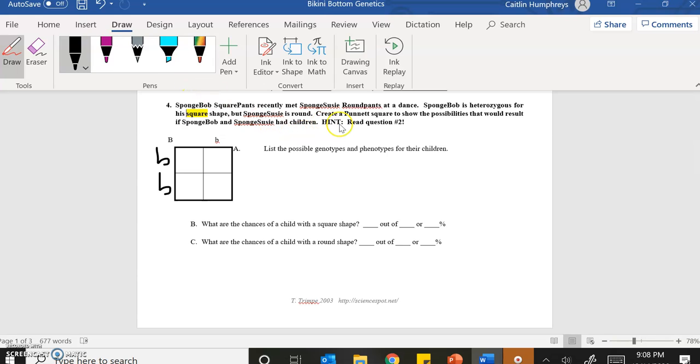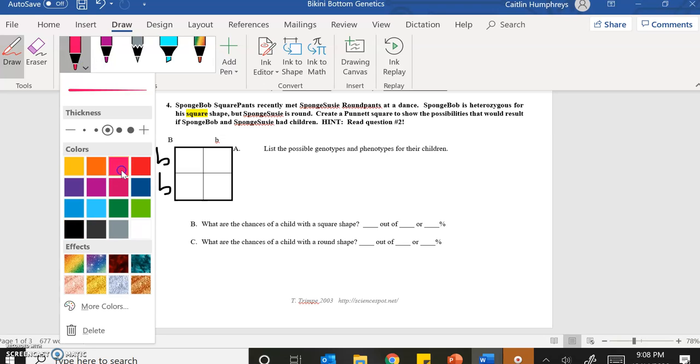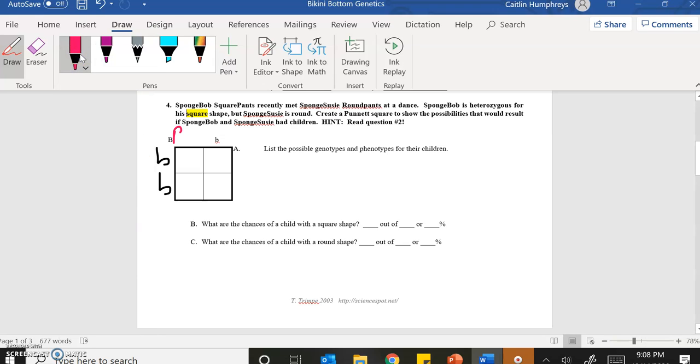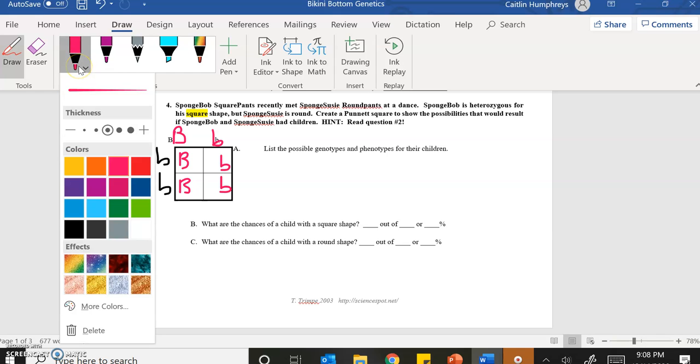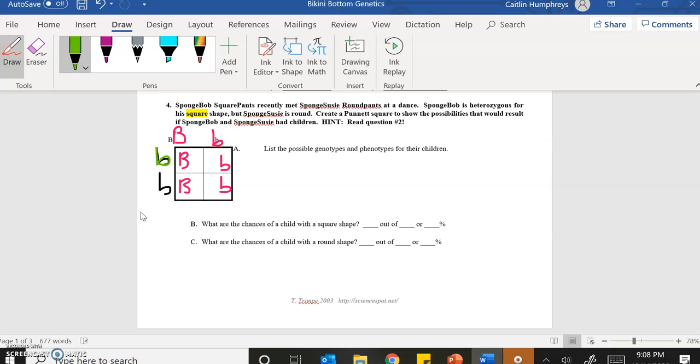Alright, now it says create a Punnett square to show the possibilities. Well, we know that top goes down, so I'm going to bring this B I just wrote over here down here. 1, 2. This little b, 1, 2. I'm going to come over here to this b, 1, 2. This b, 1, 2. Now it says list all the possible genotypes and phenotypes for their children.